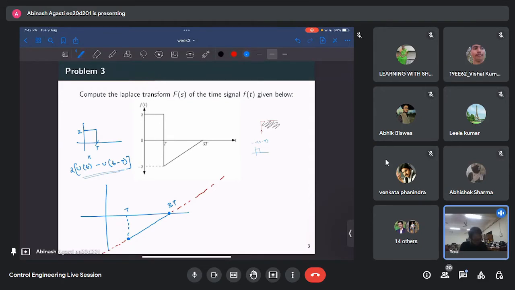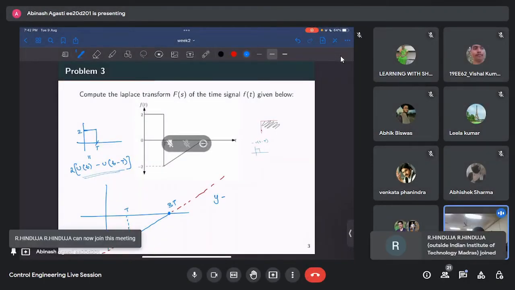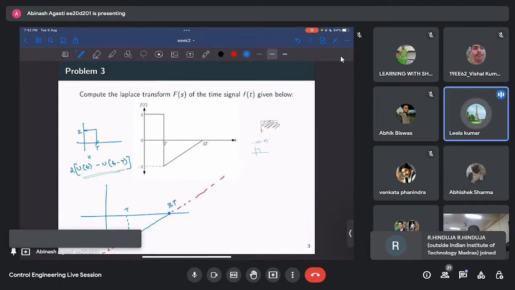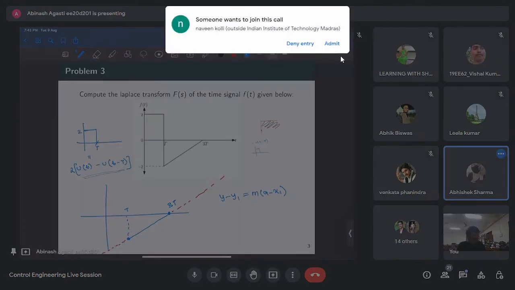So we'll go from the basics: what is the formula for the line? Can anyone tell me? y equal to mx plus c, like that, no? Given y minus y1 equals m into x minus x1, equation of line.